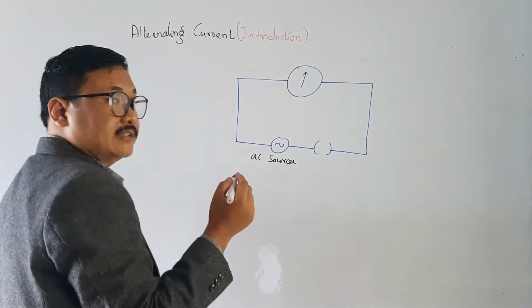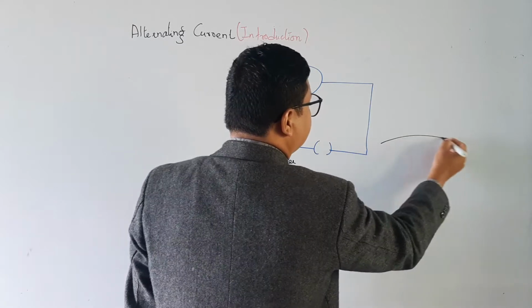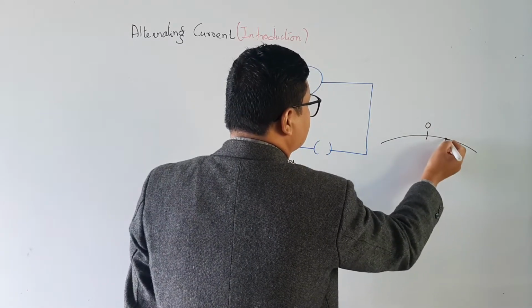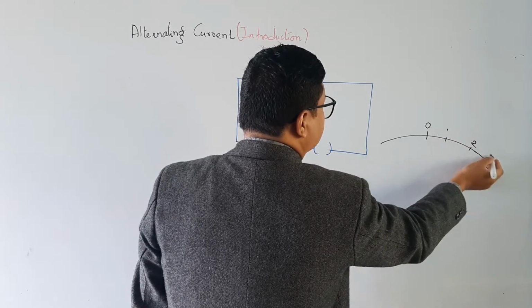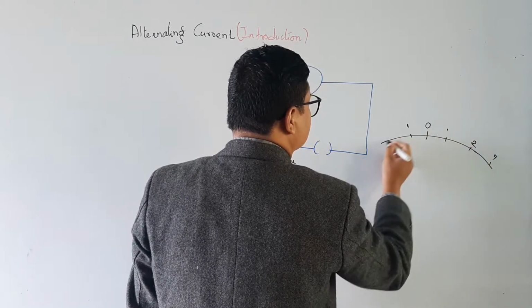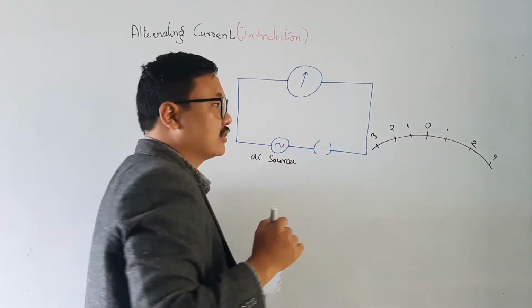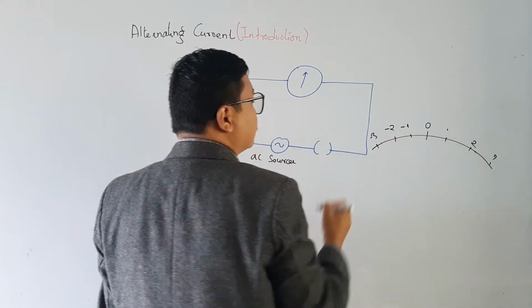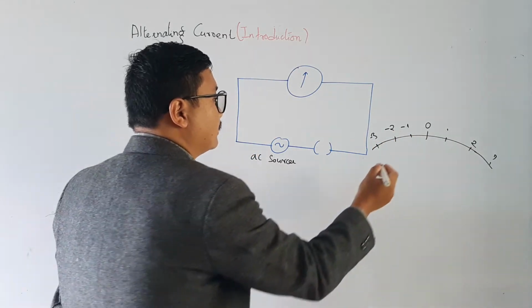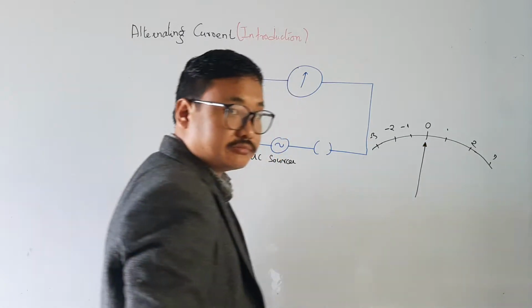So what happens in the galvanometer? In the galvanometer, we have this reading, say 0, 1, 2, 3. This is 1, 2 and 3, and this is also 1, 2 and 3. For more convenience, I will write this as -1, -2 and -3, and we have this pointer of the galvanometer.